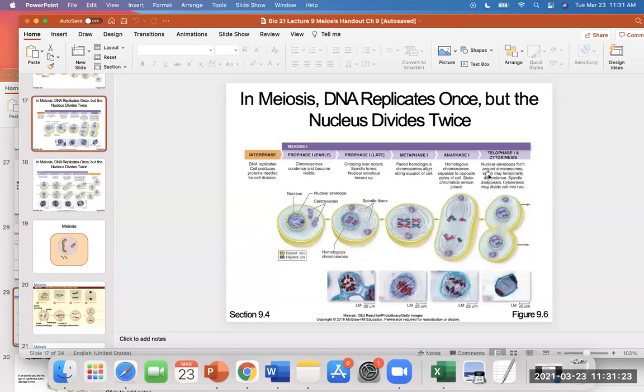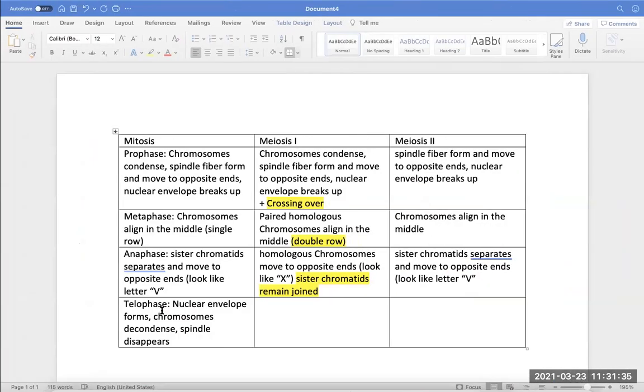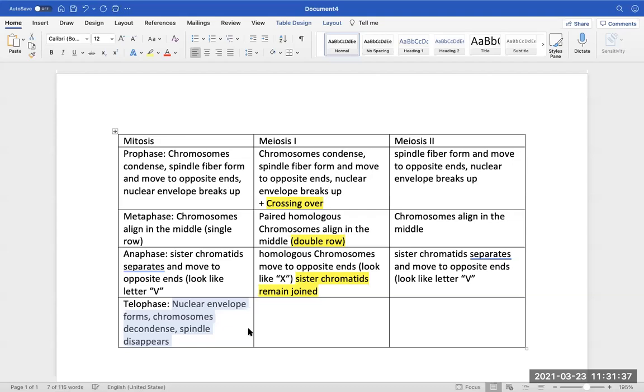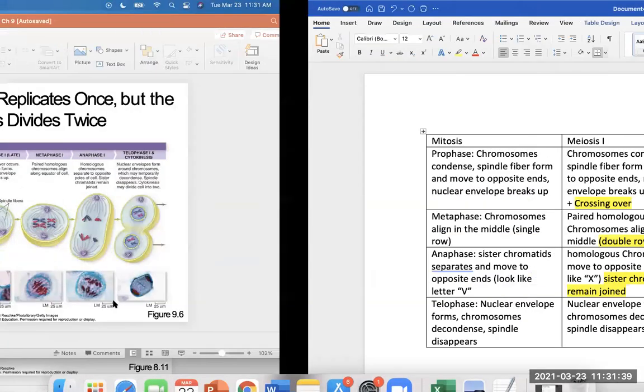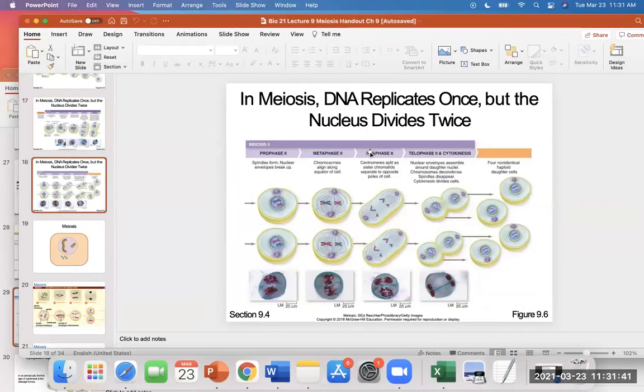In meiosis 1, the nuclear envelope reappears, forms again around the chromosomes, and the chromosomes decondense and the spindle disappears. So you have the exact same thing happening here in meiosis 1. And then in meiosis 2, you have the nuclear envelope reappearing, but now it's happening around the daughter nuclei.